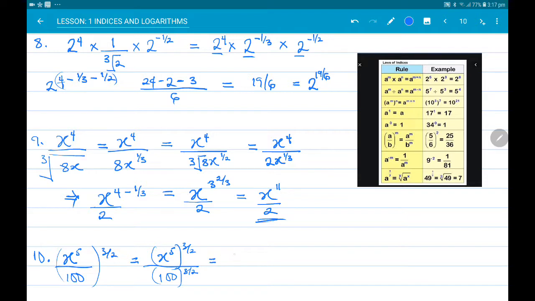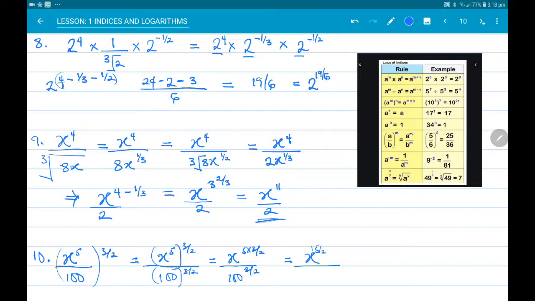Literally there is 2 here, which is equal to x raised to the power of 3 whole number 2 over 3 over 2. Finally, x raised to the power of 11 over 2 is our final answer. That is 3 times 3, 9. 9 plus 2, 11. 11 over 3.